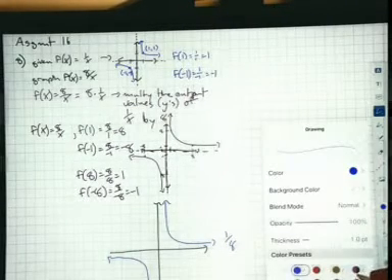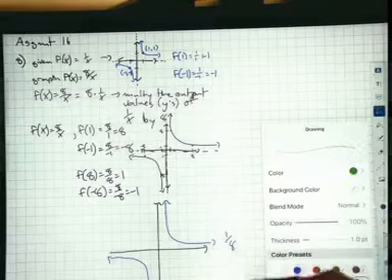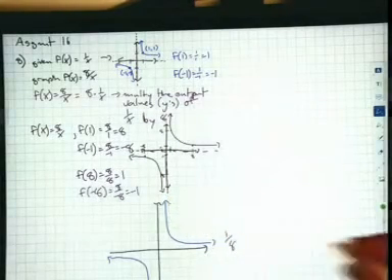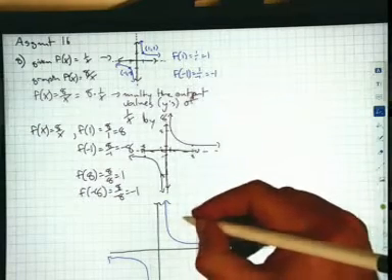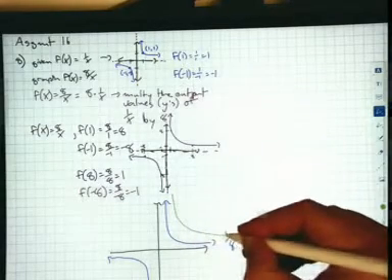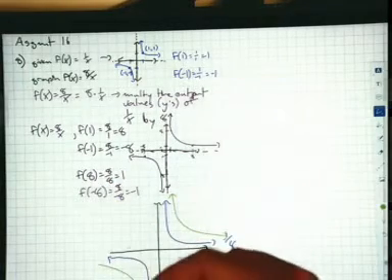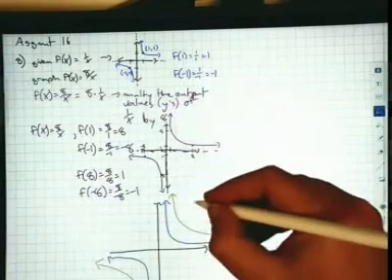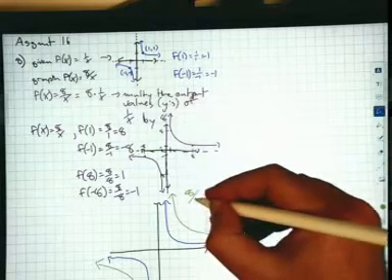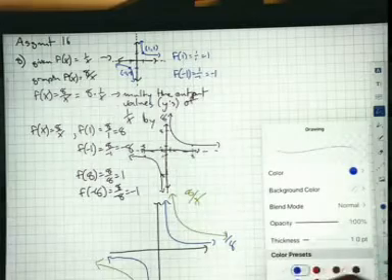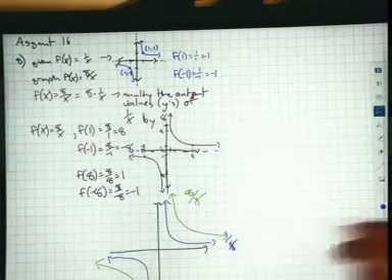And if I was going to graph 8 over x on the same coordinate plane, I would just do something like that. That would be 8 over x. I meant to say 1 over x instead of 1 over 8. There we go. All right.